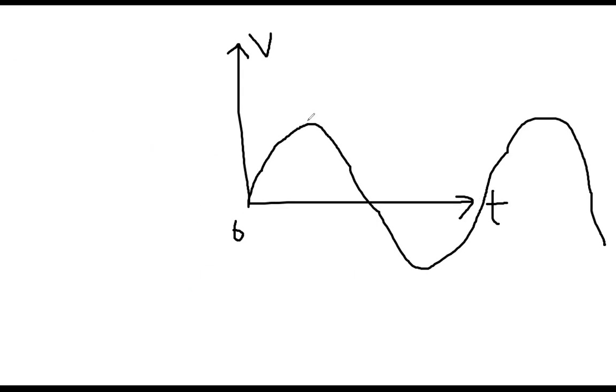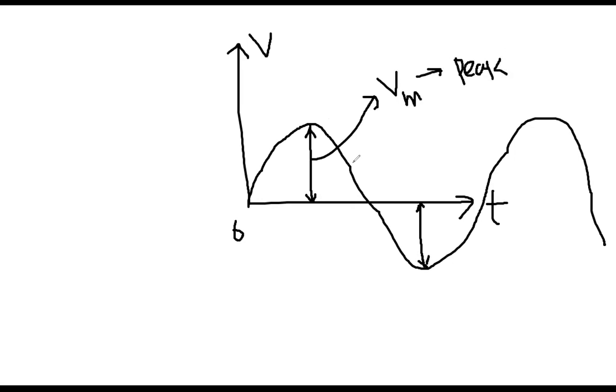Now, you all know that this portion, from here to here, is called the peak, or the same thing on the negative side. This portion is called the peak value. In other words, we say this portion is the VM, which is the peak or the amplitude.